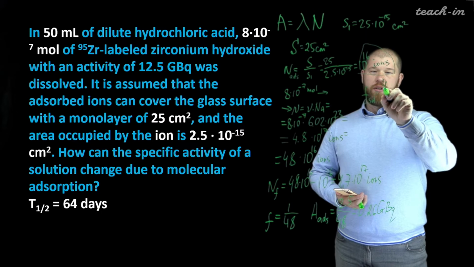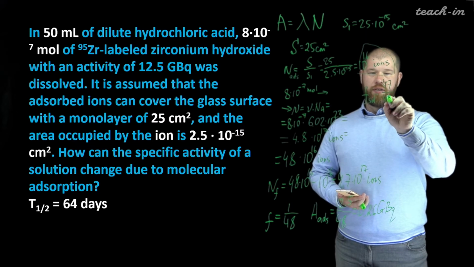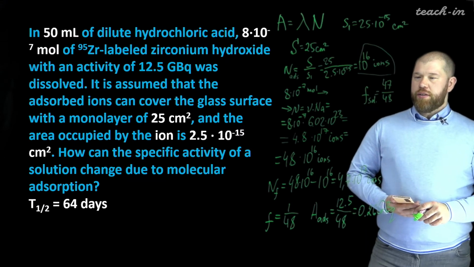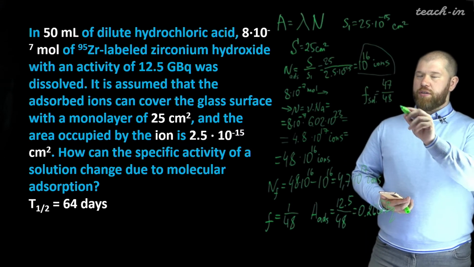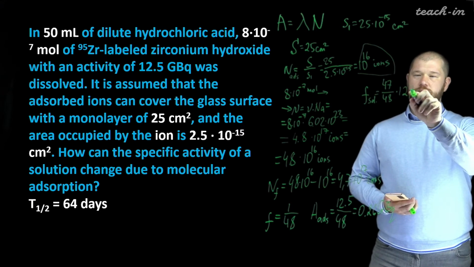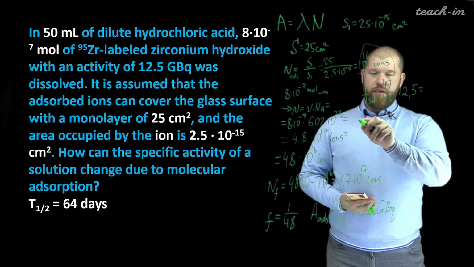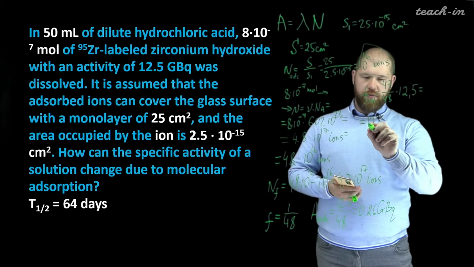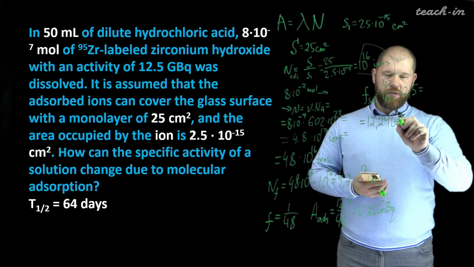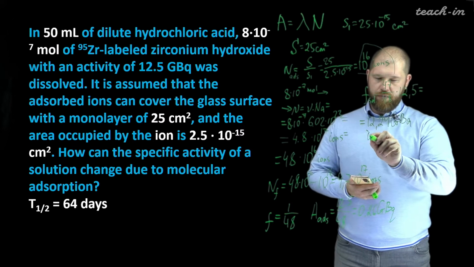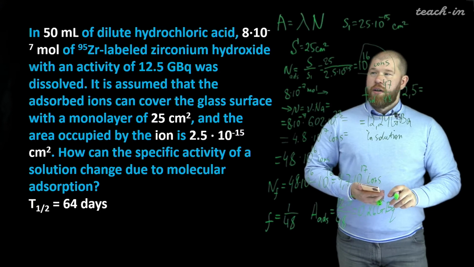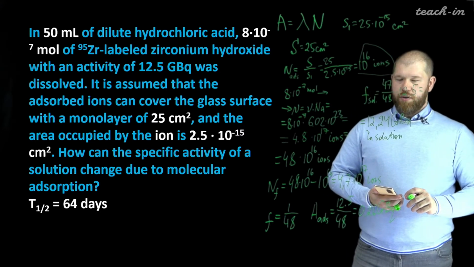It will be the rest divided by the initial amount, and we multiply it by the initial activity, and it will be 12.24 gigabecquerel in solution. What else do we know?